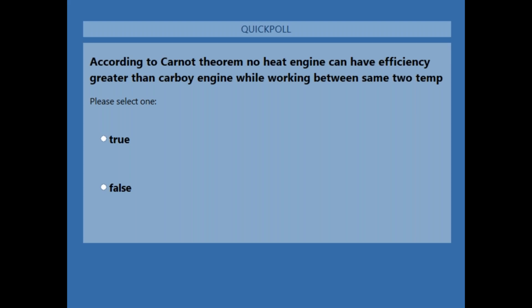I am asking you this question to check whether you have understood the Carnot theorem or not. There was a video on the proof of Carnot theorem, and your answers would help me understand how many of you are seriously watching the videos. That is the reason for giving this question.